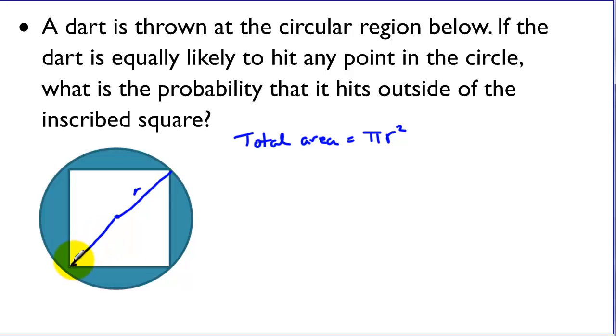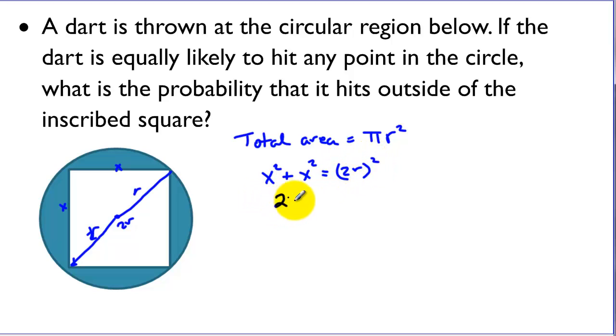So across this diagonal we have 2r, that's an r, so we have 2r for our diagonal. And this side we don't know, x and x, so if we use the Pythagorean theorem we know that x squared plus x squared equals (2r) squared.